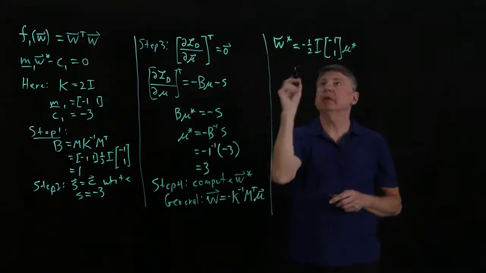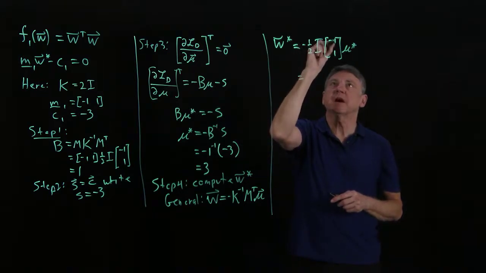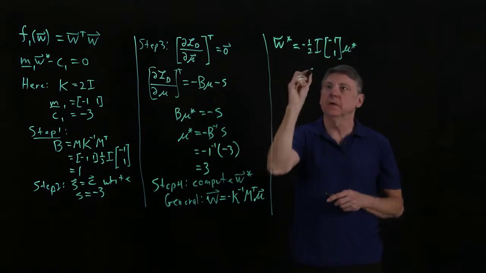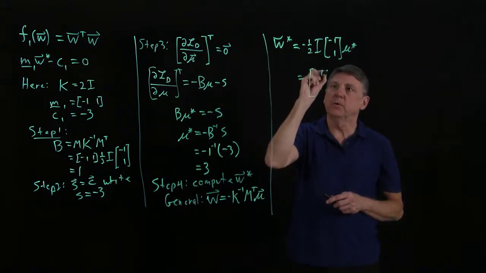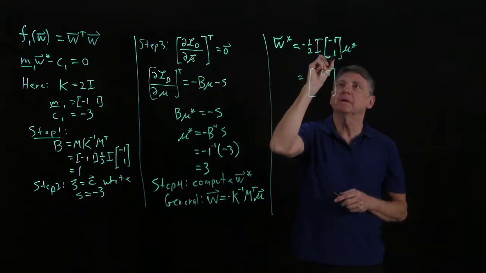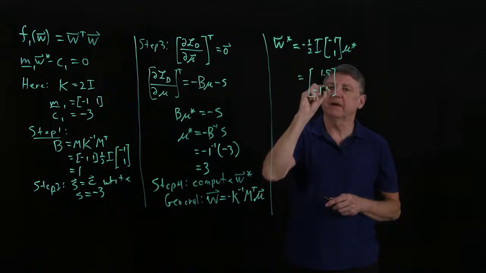And that is 3, so that is minus 1/2 times minus 1, so that's 1/2 times mu, is 1.5, and this is minus 1/2 times 1 times 3 is minus 1.5.